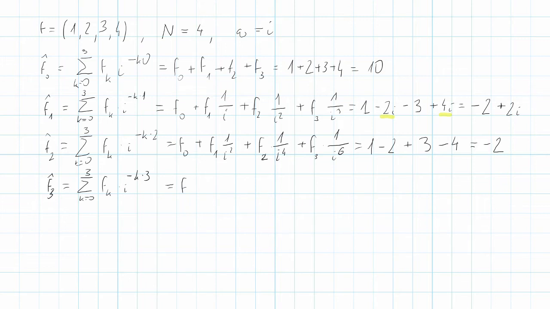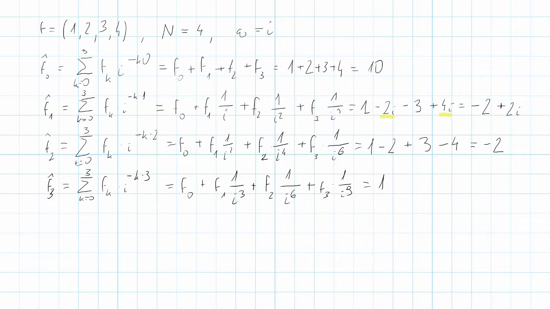So this is f0 plus f1 times 1 over I cubed plus f2 times 1 over the 6th power of I plus f3 times 1 over the 9th power of I. So this is 1. Now 1 over I cubed, we already know that it's plus I.